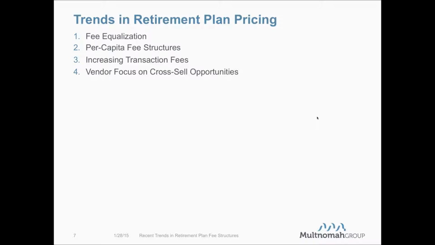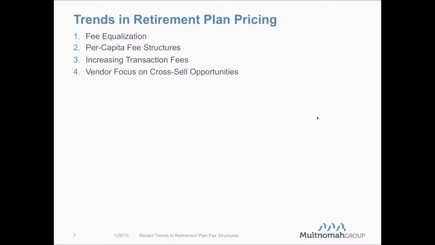As we went through our study, we saw there were really 4 trends. 2 that I would say are on the service provider side, and 2 that are on the plan sponsor side. On the plan sponsor side, what we saw was a significant increase in the utilization of what I'll call fee equalization type methodologies.